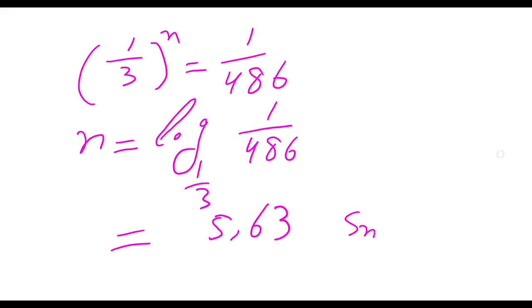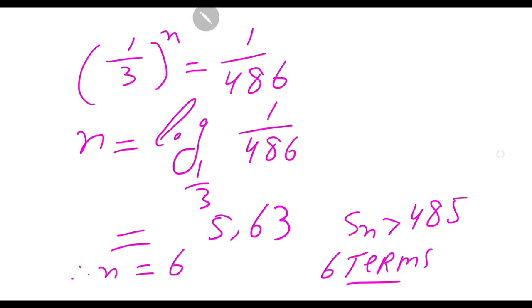For Sn greater than 485, so n must be greater than 5,63. So the nearest whole number greater than 5,63 is 6. So therefore n is going to be equal to 6. So which means 6 terms. So this is my final answer. Or you can leave answer till here, doesn't matter.